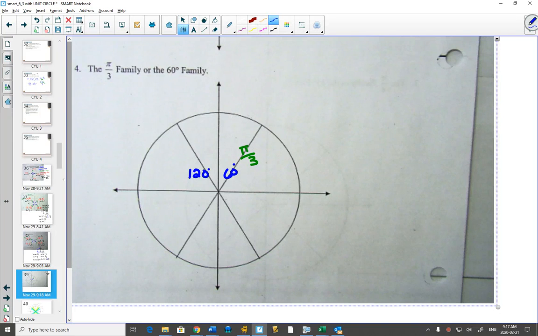Check your degrees. Did you get 120 degrees, 240 degrees, and 300 degrees? Check your radians. Did you get 2 pi over 3, 4 pi over 3, and 5 pi over 3?